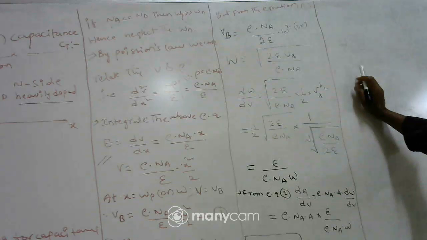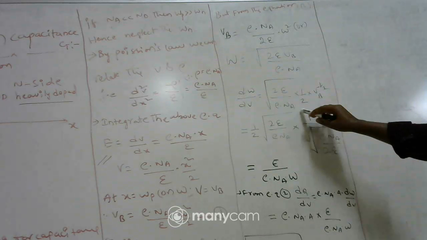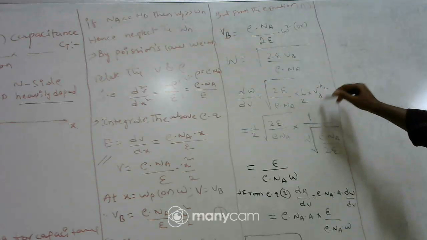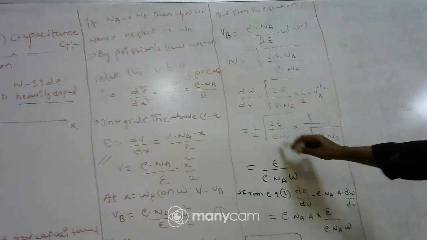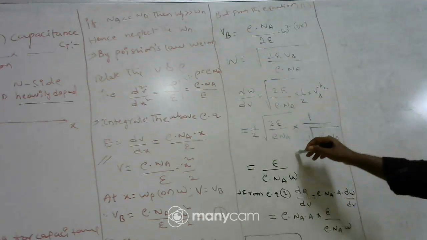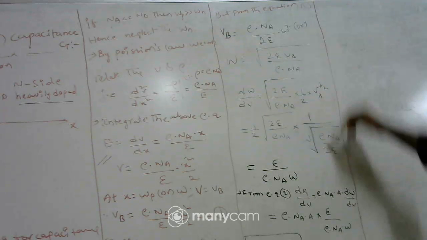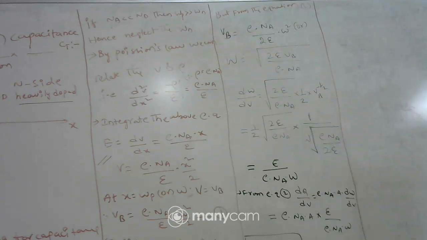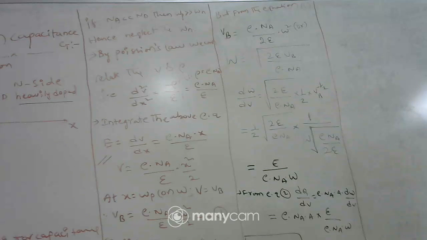If you do the differentiation with respect to V, you get 1 by 2 square root of 2 epsilon by resistivity into acceptor ions, times the derivative of root x. In place of VB, substitute the VB value. After simplifying, you will get e resistivity acceptor ions width.